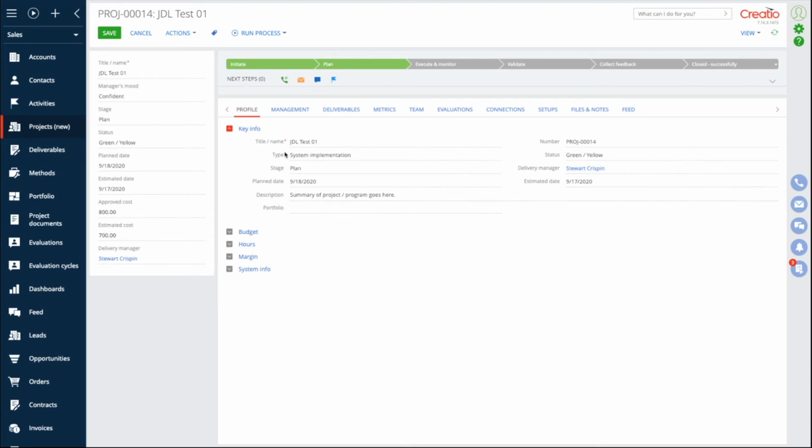I did switch over to another instance that I have open to show you the Keen 360 pre-configured application for program governance and project management. We can track information and manage our teams from initiation through successful or hopefully not unsuccessful close.